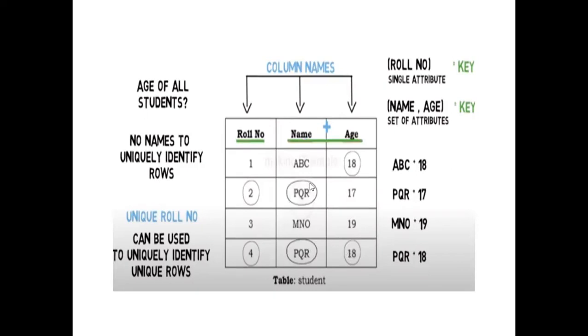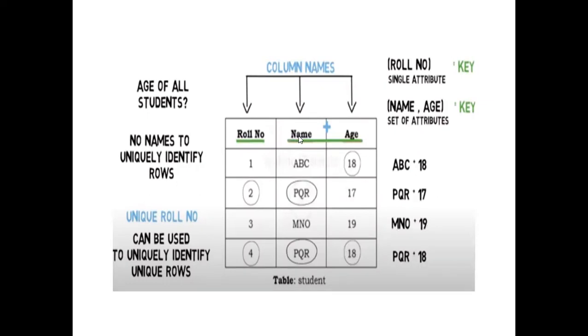But when we combine ABC and 18, then we get a unique value. Or when we say PQR and 17, these pairs now become unique. No value is repeated for the combination of ABC and 18. There is no duplication for these combined values. Same thing for MNO and 19, PQR and 18.